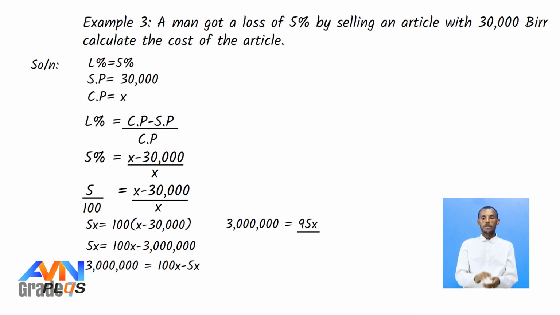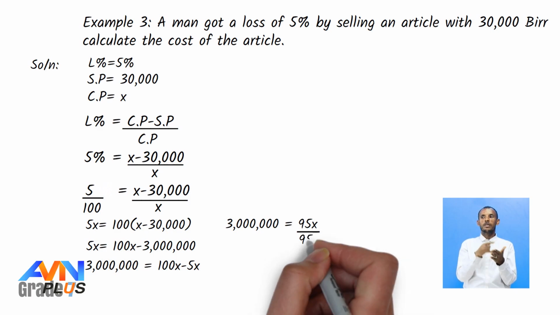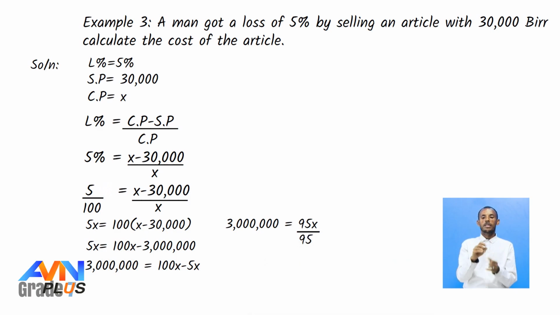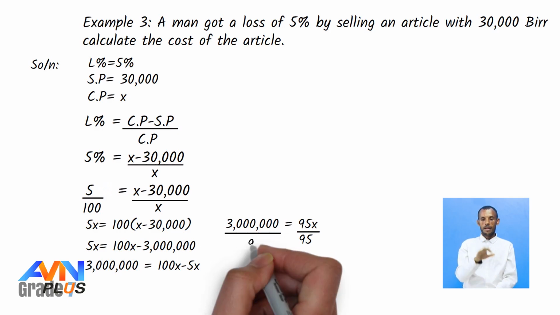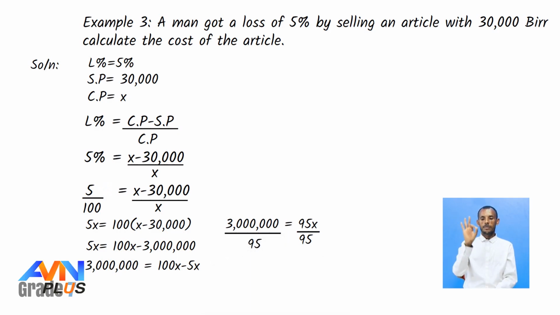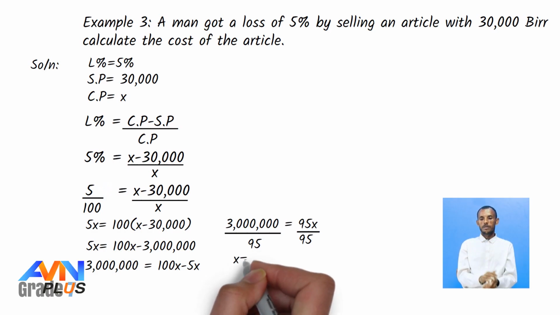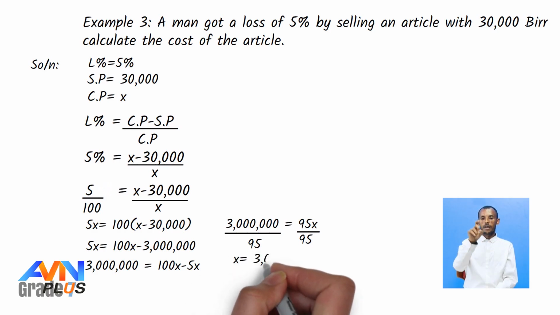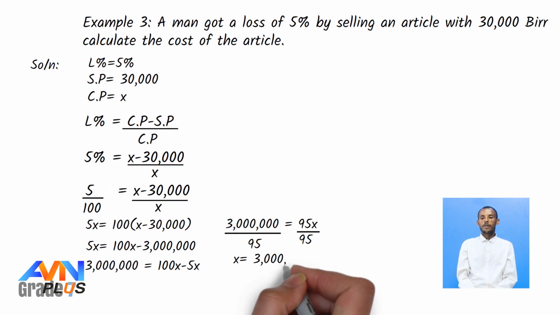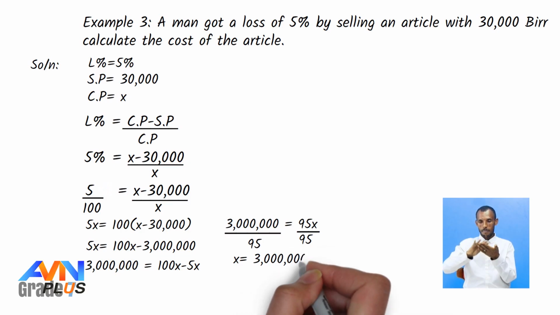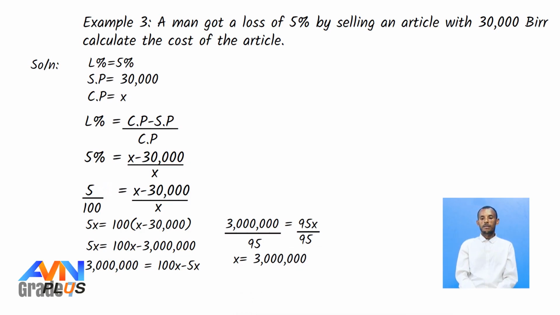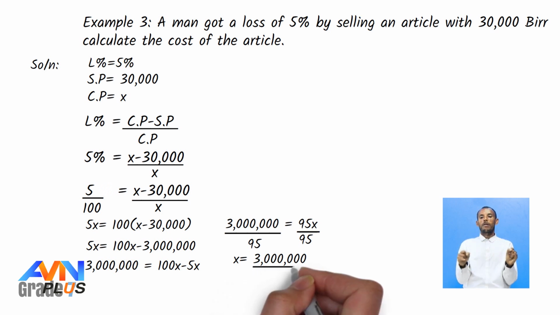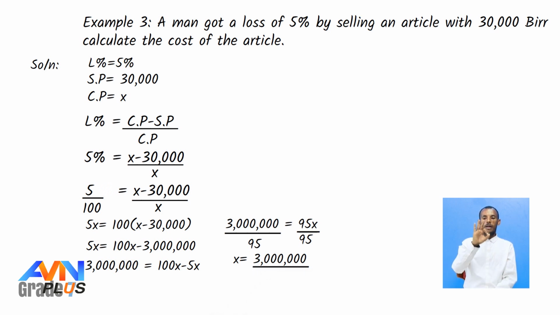To find x, divide both sides by 95. Finally, you have x is equal to 3 million divided by 95.